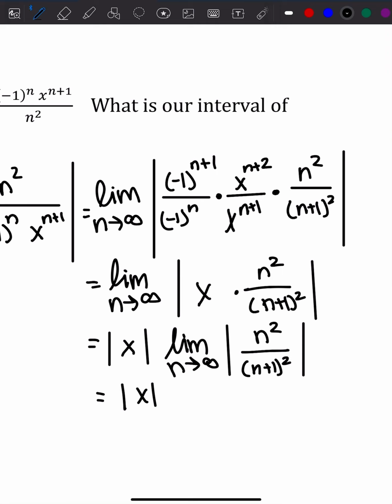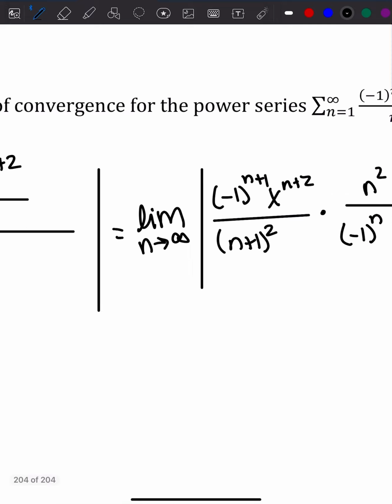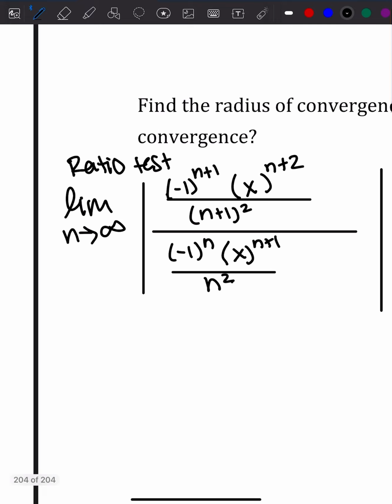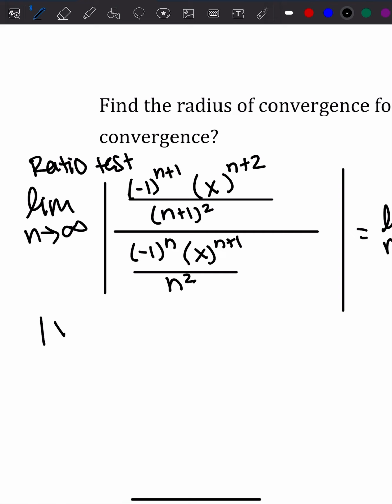So we have the absolute value of x by itself here, and we know that with the ratio test, we want the absolute value of x, whatever we get, to be less than 1. So some things that we know from this: the center is going to be 0 because it's x by itself. We also know that r is equal to 1 because that is the value that it is less than.